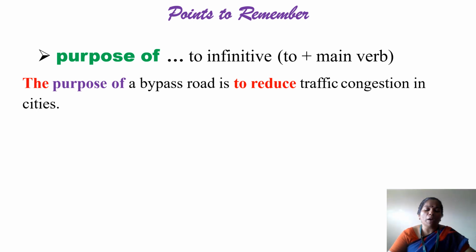This why is answering the question. So the purpose of a bypass road is to reduce traffic congestion in cities. To reduce traffic congestion in cities is indicating purpose of the action. So here the purpose of phrase is to be followed by the to infinitive form of a verb.